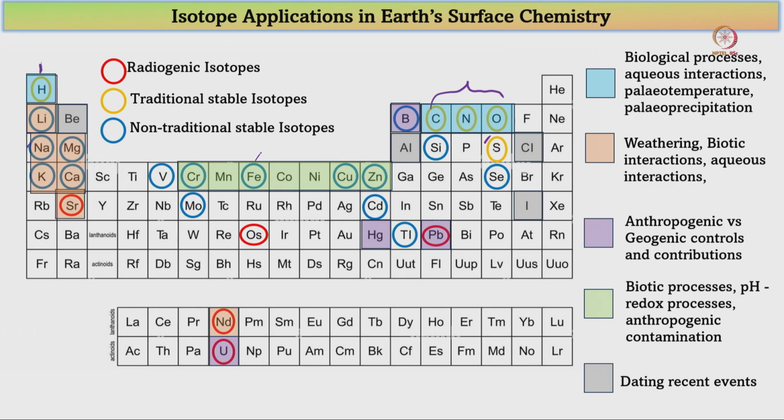So, depending on what your objective is and what your system is, like if it is a soil terrestrial system or if it is a terrestrial aquatic system, or you are looking into an extremely expansive system such as the critical zone, then you need multiple tracers to give you a kind of holistic picture, because different tracers signify different kinds of processes. One particular system may not be able to give you the entire information.